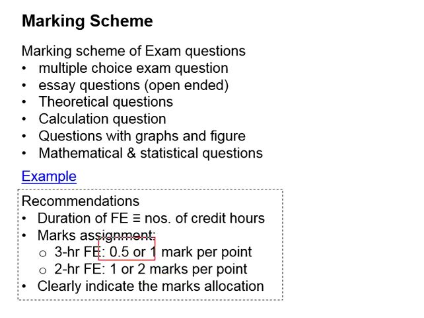Now, why does the smallest interval of the marks differ between the 2 types of papers? The main reason is the duration. If you use small intervals of marks, there will be more questions required.